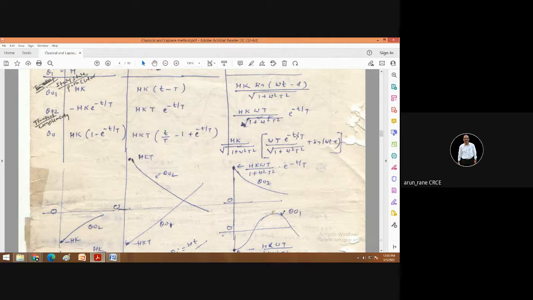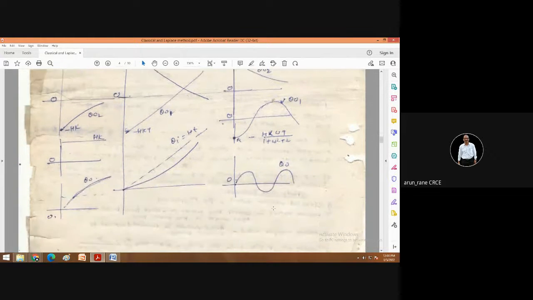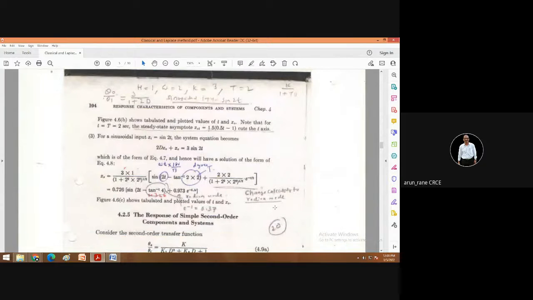So you go on changing the values of small t from 0 to infinity and plot the graph of this response against small t. So this is your third assignment: plot the response for a sinusoidal input, sine of 2t, for the first order equation theta O upon theta I is equal to 3 upon 1 plus 2D. Any doubt here?